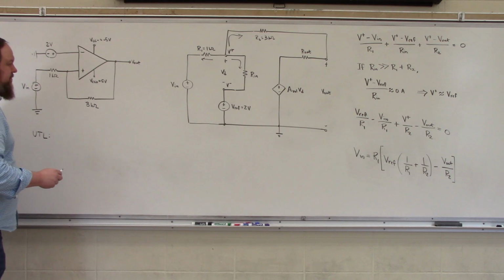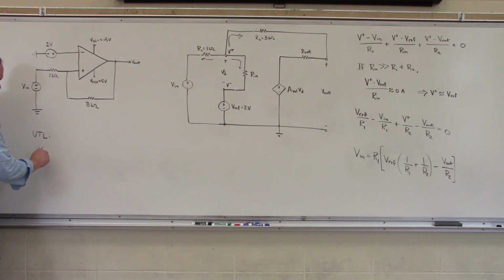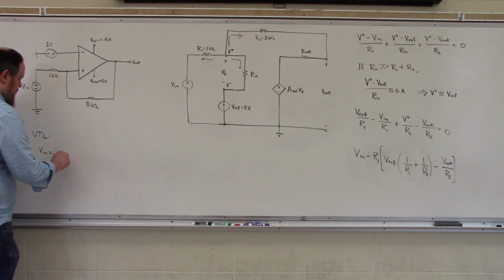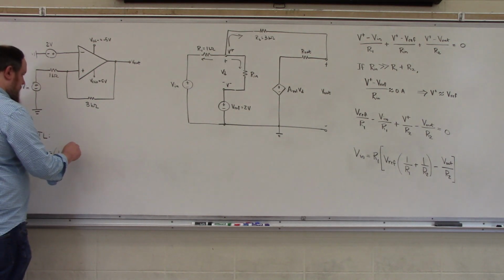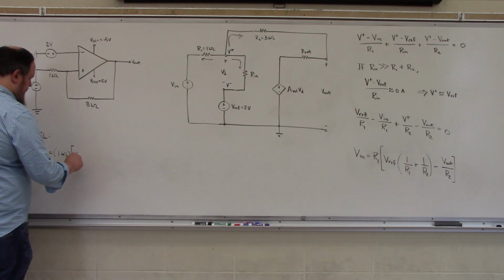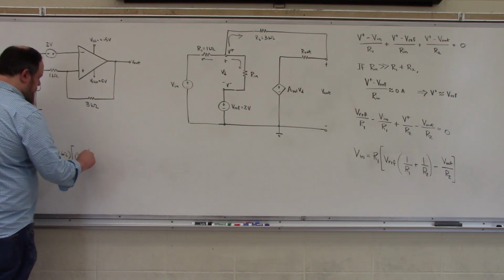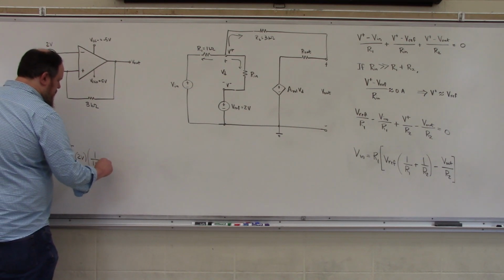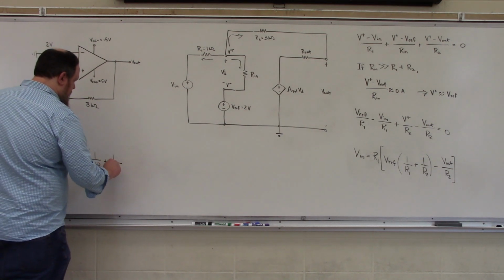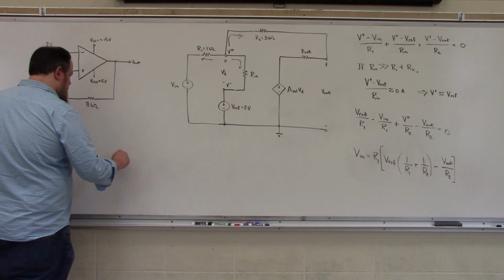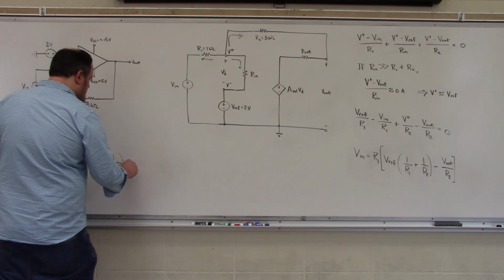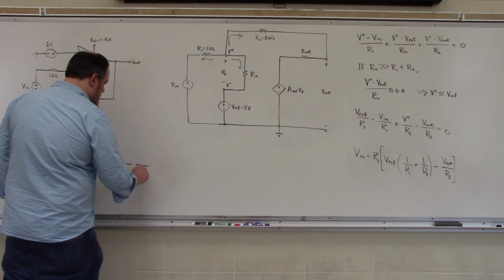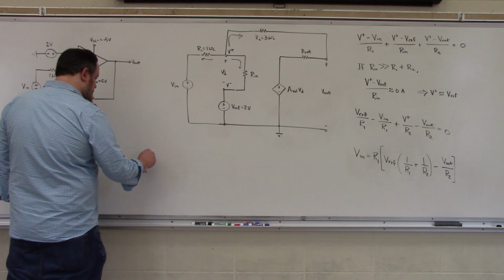For our upper trigger limit, we are going to have Vn is equal to our 1 kilo ohm resistor multiplied by 2 volts times 1 over 1 kilo ohm plus 1 over 3 kilo ohms minus something, and we're going to talk about that in a moment, divided by 3 kilo ohms.